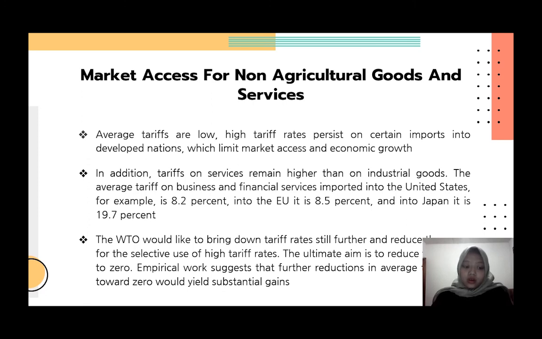The World Trade Organization would like to bring down tariff rates still further and reduce the scope for the selective use of high tariff rates. The ultimate aim is to reduce tariff rates to zero. Empirical work suggests that further reduction in average tariff rates towards zero would yield substantial gains.